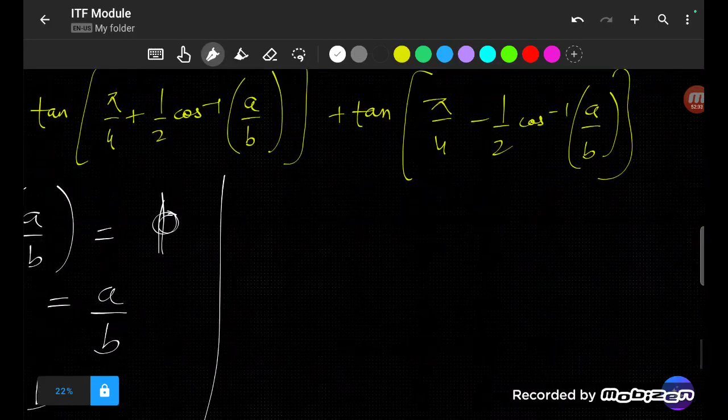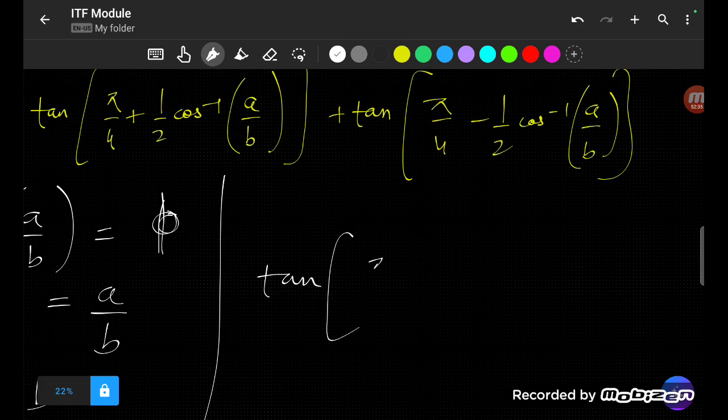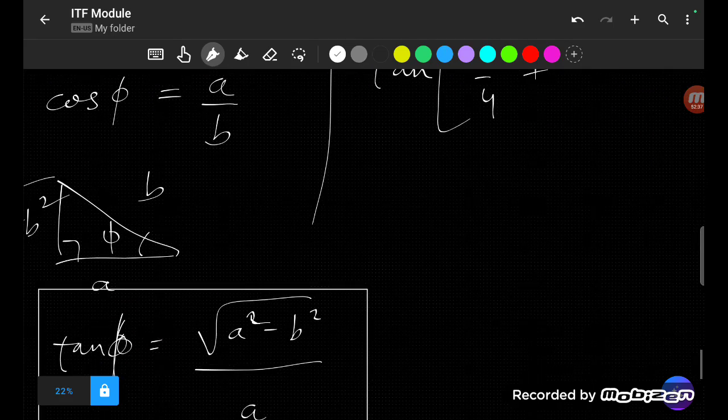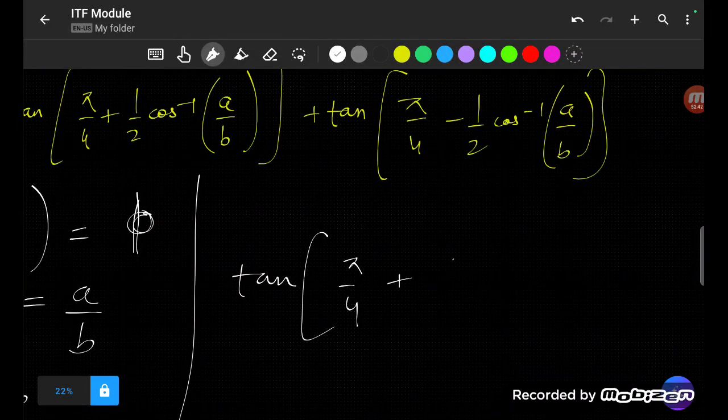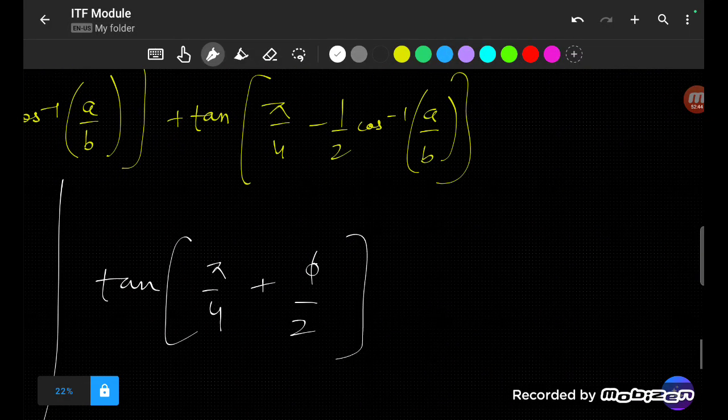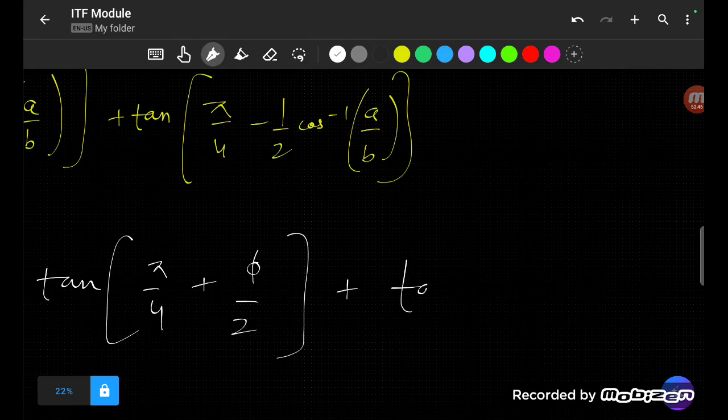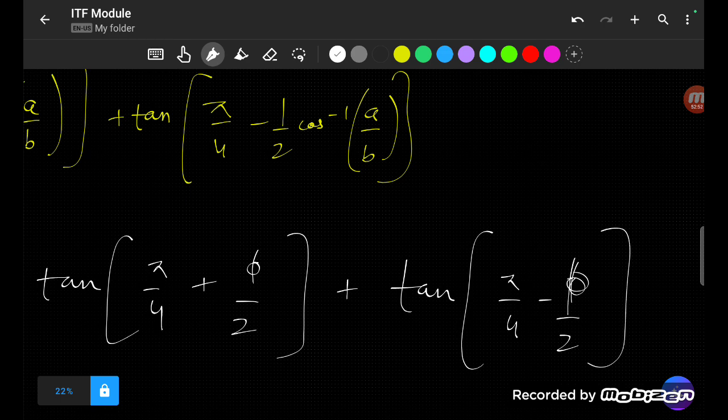For now, take tan of pi by 4 plus phi by 2, plus tan of pi by 4 minus phi by 2. I think the answer is 2a by b.